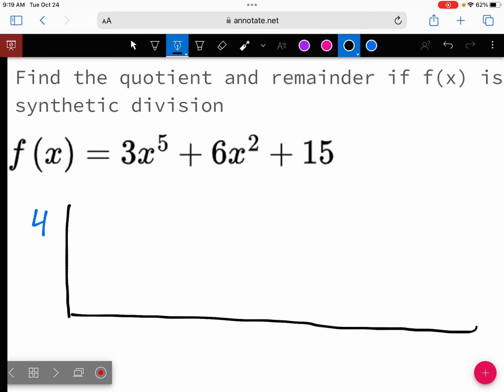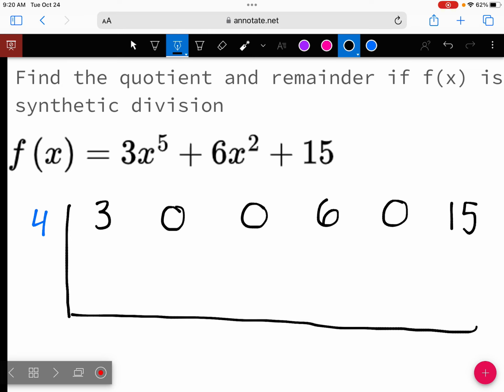So walk me through our coefficients, left to right. Oh, yeah, it's 3, 1, 0 for our x to the 4th, 0 for x to the 3rd, 6, 0 for the plain x's, and then 15.